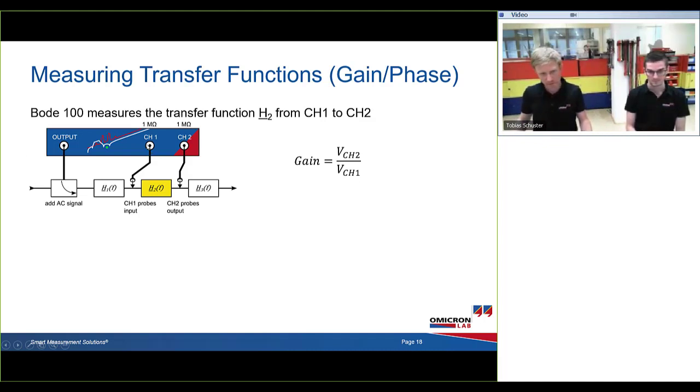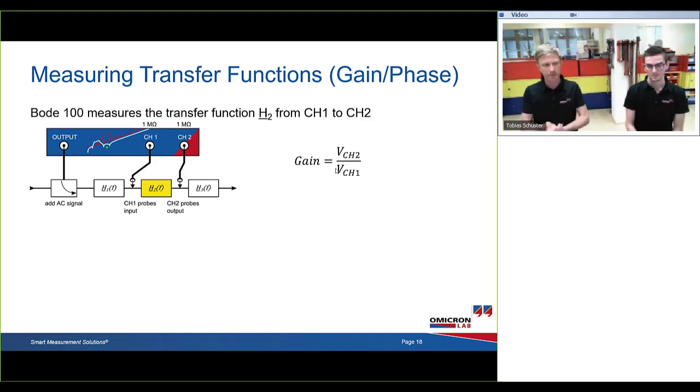Then the Bode 100 picks up a voltage at the input of a transfer function and a voltage at the output of a transfer function, and it calculates gain equals voltage at channel 2 divided by voltage at channel 1. And that's the definition of a transfer function: output voltage divided by input voltage. So the gain will equal the transfer function of the H2 block in that case.